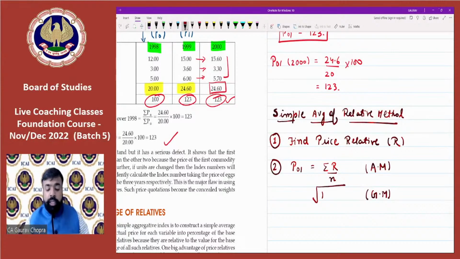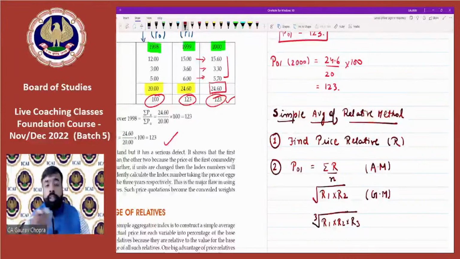If we have 2 values, first relative and second relative, multiply and then find the square root. If there are 3 values, R1, R2, R3, multiply and find the cube root. For 4 values, multiply and then take the fourth root. So these are the 2 steps to solve using the simple average of relative method.